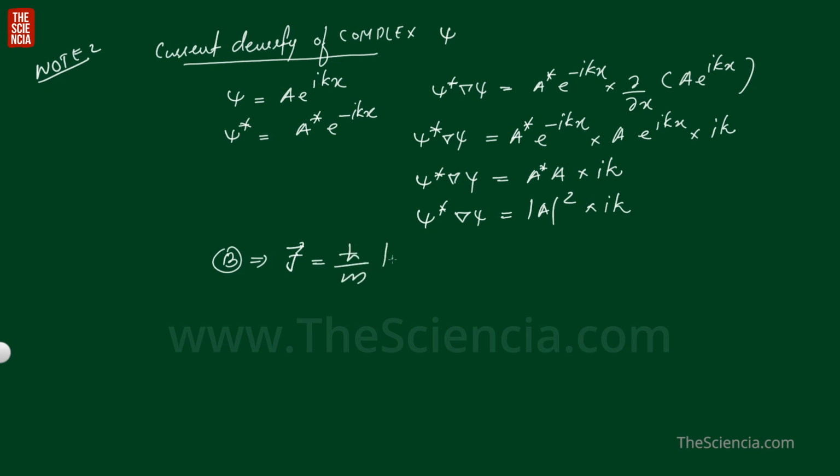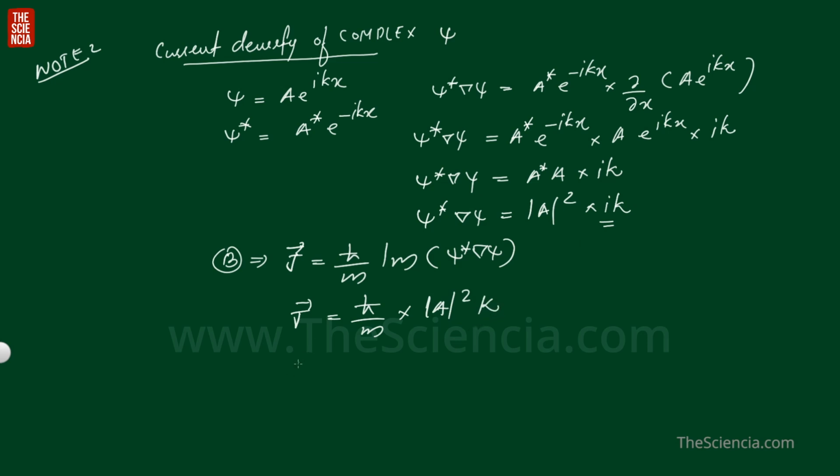Now we can use expression B, that is current density J is equal to h cut by m into the imaginary part of psi star del psi. So what we get? We get J is equal to h cut by m into the imaginary part of psi star del psi. Here you see the i term is there. So the coefficient is the imaginary part of this term, that is mod a square into k.